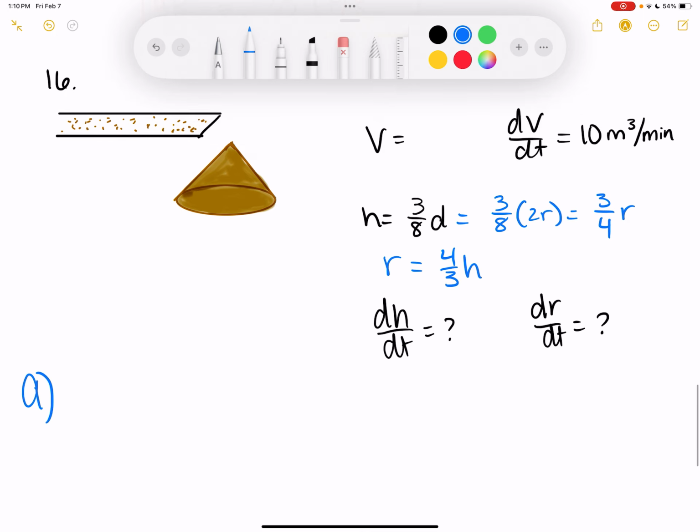Alright, so for part A, we have the volume is equal to 1/3 pi r squared h. Now, in this first case, it wants us to find dh dt, the change in the height. So I need to replace r with 4/3 h.